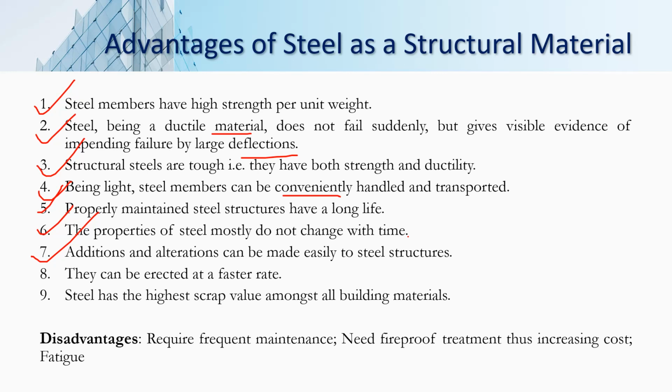You can transport these dismantled elements to another place, and then easily erect those steel elements to make the same garage at another location. So they can be erected at a faster rate, and one final advantage is that steel has the highest scrap value amongst all building materials.